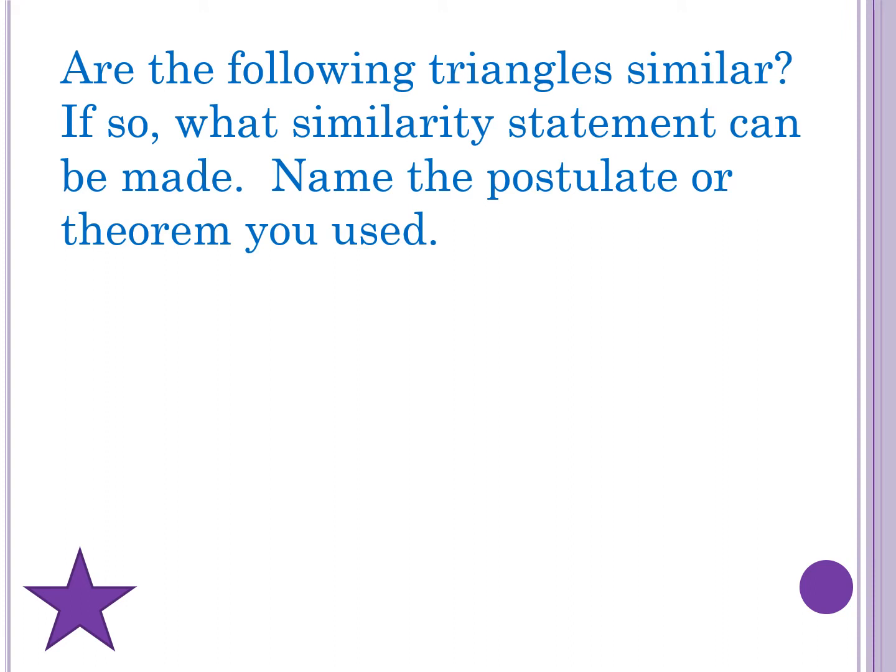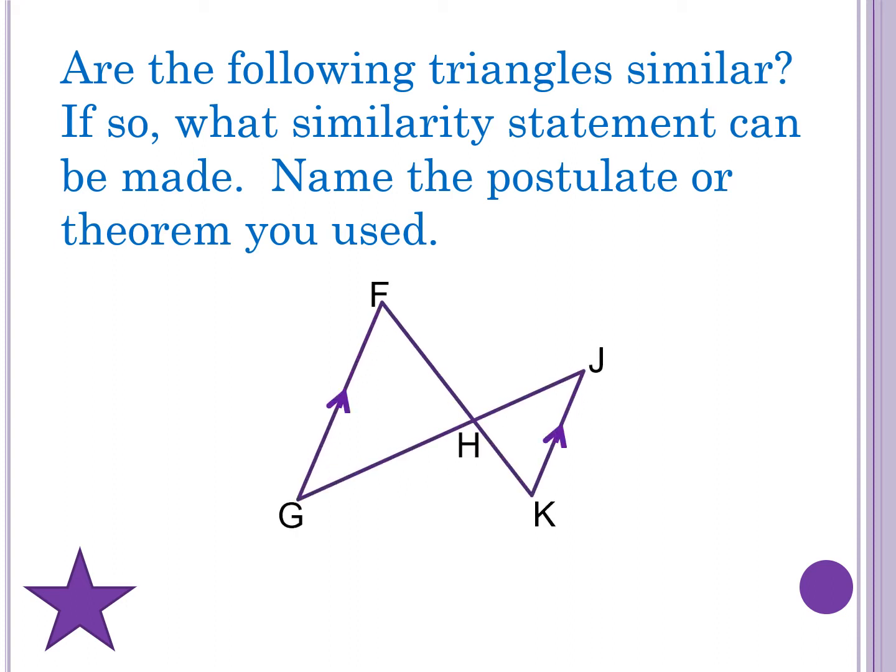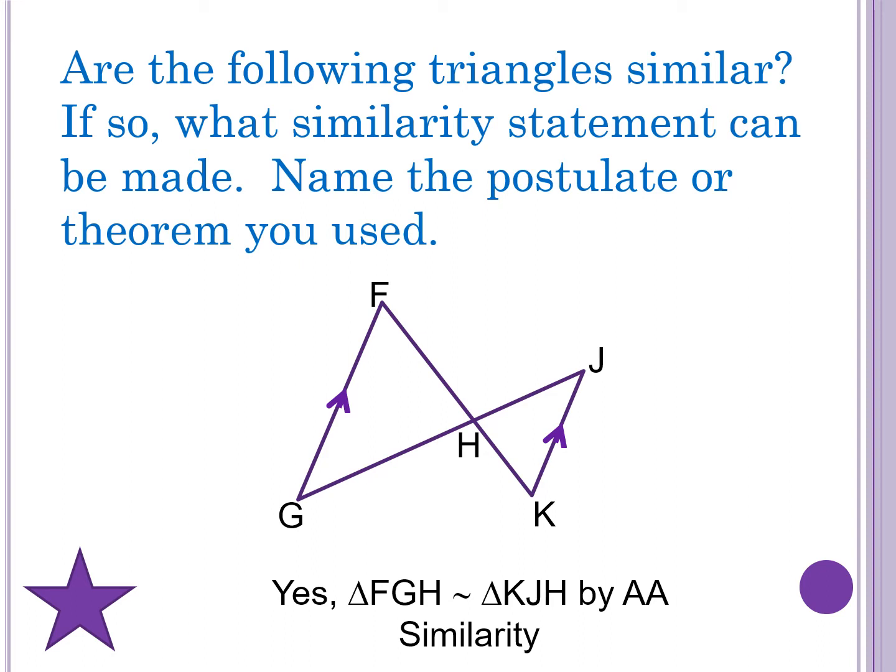Are the following triangles similar? If so, what similarity statement can be made? Name the postulate or theorem you used. In the given figure, yes, triangle FGH is similar to triangle KJH by AA similarity theorem. Vertical angles are congruent.